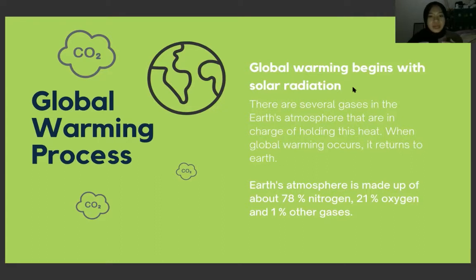That makes global warming, which causes changes in the Earth's ecosystem, such as extreme climate, and so on. Global warming certainly has a dangerous impact on the inhabitants of the Earth. An easy example is that glaciers melt and previous land becomes sea because the volume of water in the sea increases.